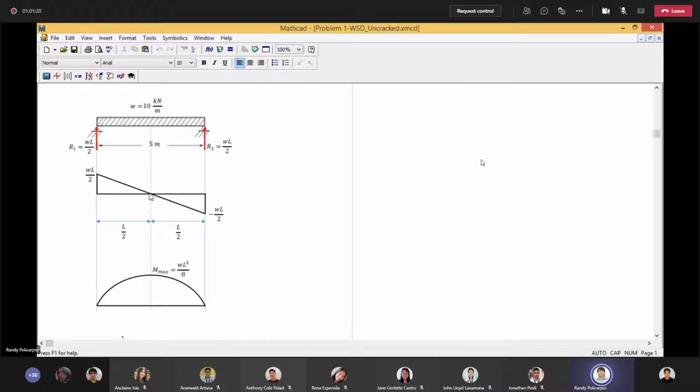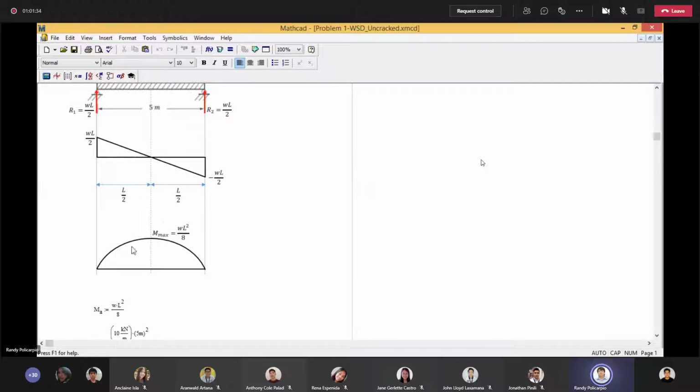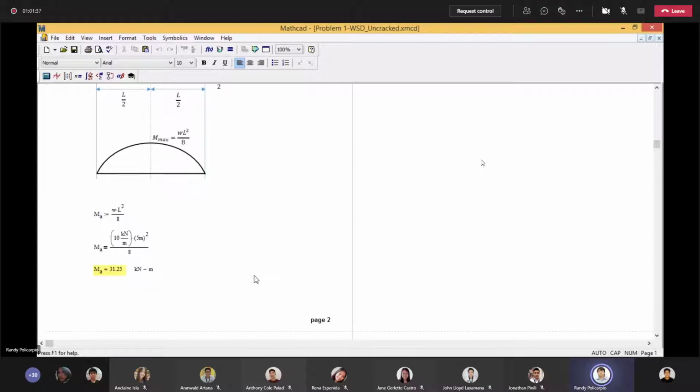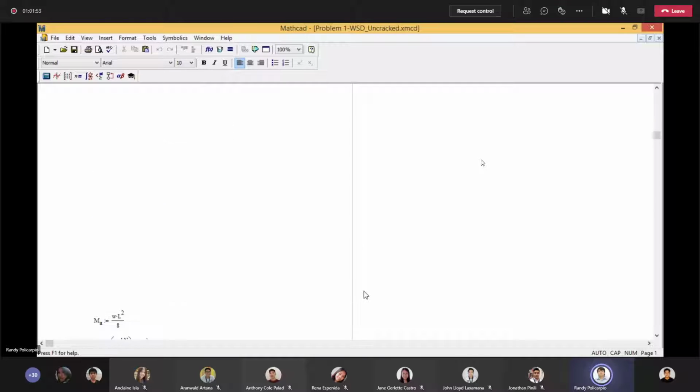And when we consider the maximum moment, it is equal to WL squared over 8. So making use of this maximum moment, this is now our acting moment. Our acting moment is 31.25 kilonewton meter. So ganito tayo kumuha ng actual moment or acting moment.